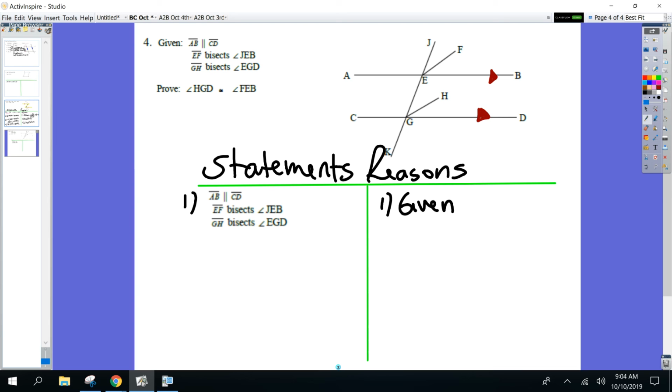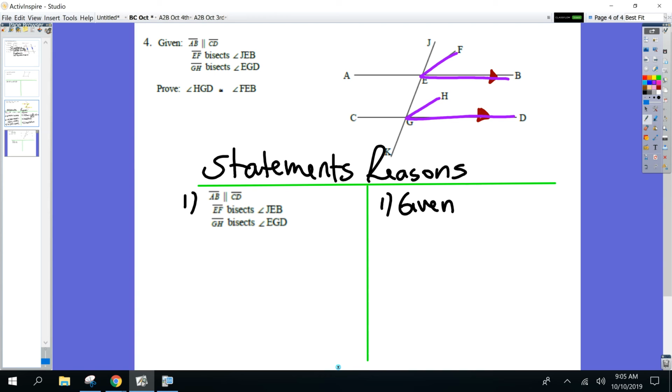We're done. Nope. Here's why. And I expect this, though. I expect you guys to say that day 2 of this unit. Let me show you why they're not corresponding. So you're talking about this angle and this angle. Yeah, they look corresponding, and look, they're on the parallel lines. But corresponding angles need to share the same transversal.